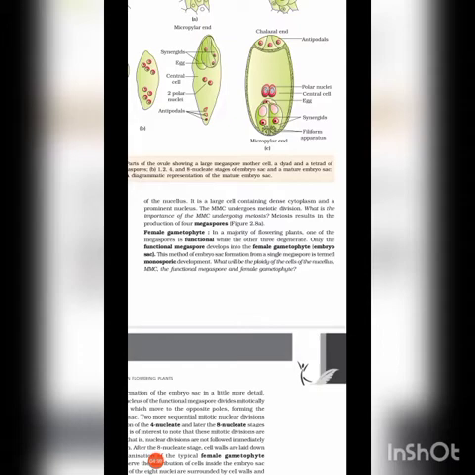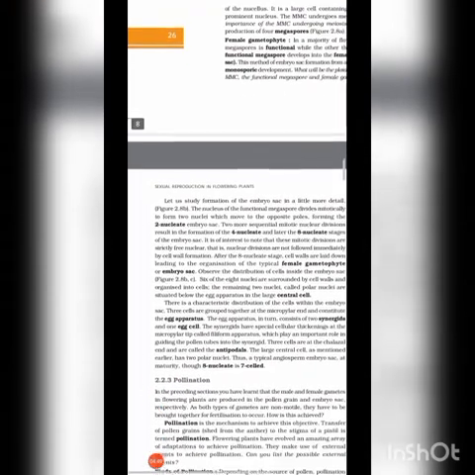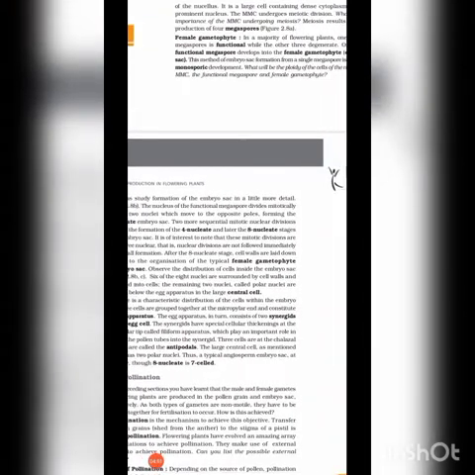Female gametophyte is also known as what? Embryo sac. This kind of development is known as monosporic development. What is it? Monosporic development. Monosporic development means that the embryo sac or female gametophyte is developed from a single megaspore, out of the 4 megaspores developed.